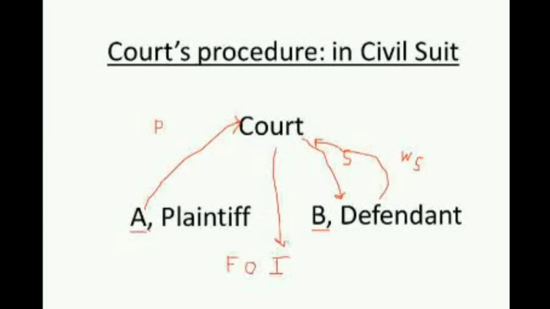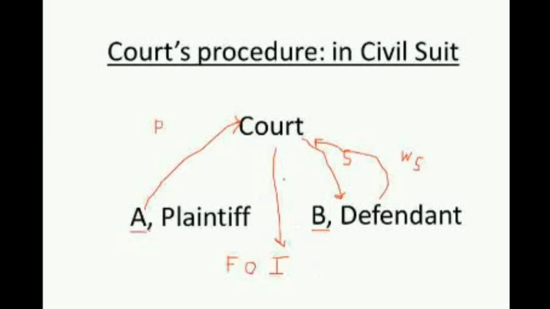Once the court decides what are the issues to be decided, the case starts. The court starts the trial. It asks plaintiff and defendant to provide their evidence. Once the evidence has been examined, witnesses have been examined, the judgment of the court comes.